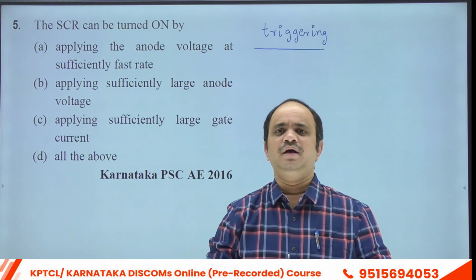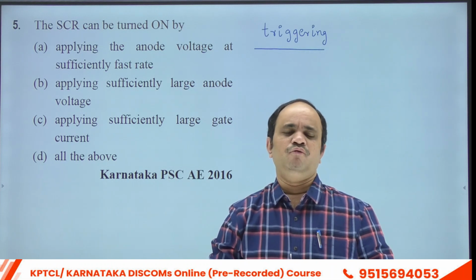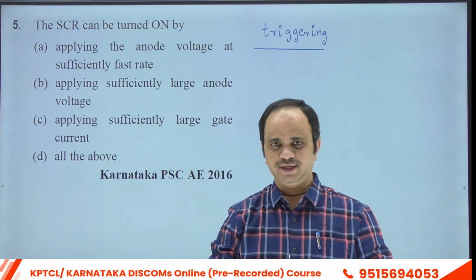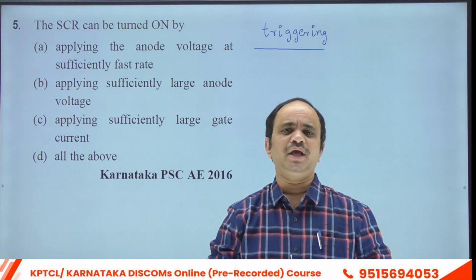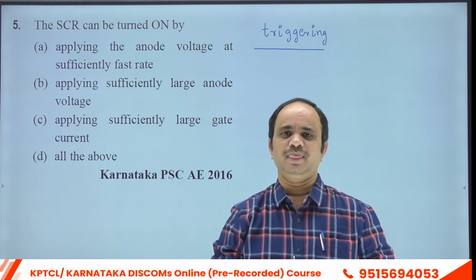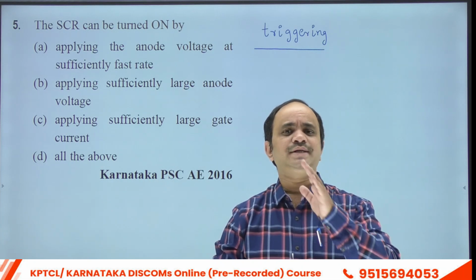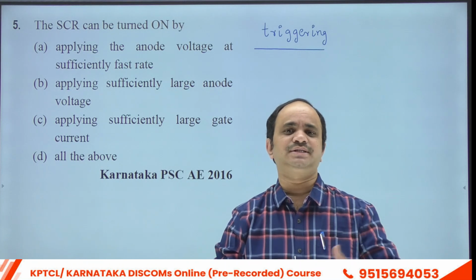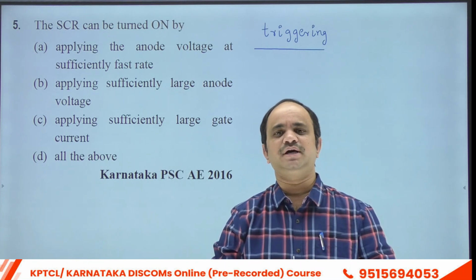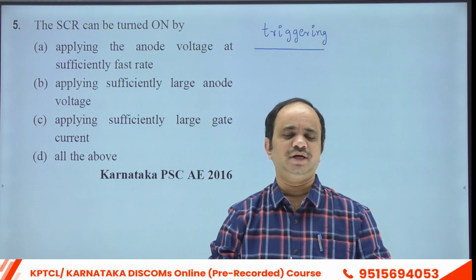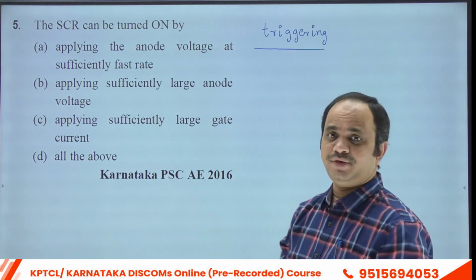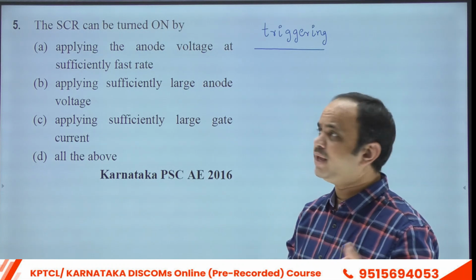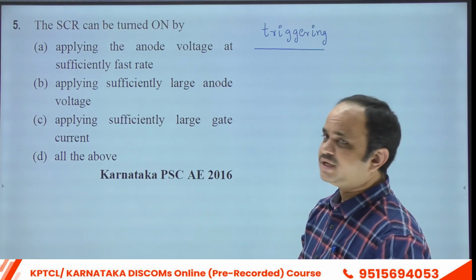That is one thing. Another way is when SCR is forward biased, between anode and cathode there will be a reverse biased junction J2. So once the forward voltage exceeds forward breakover voltage, then SCR will enter into conduction state. That is one way of triggering the SCR. Another method is by applying anode voltage at a sufficiently faster rate.